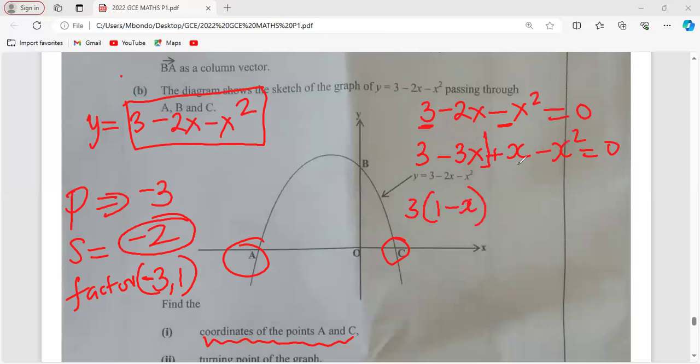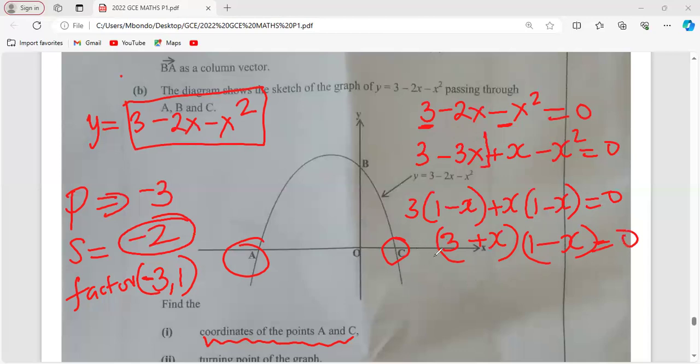Then on this side, what is common? It will be x, times (1 minus x) equals 0. Then we are going to have another factor, 3 plus x, and the common factor 1 minus x, and equate it to 0.